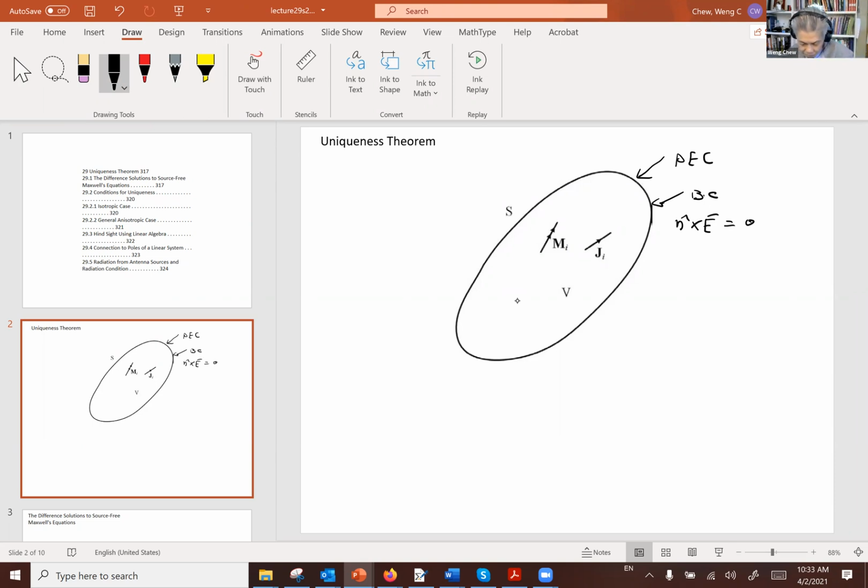And then usually you have n cross H equals J, but J is usually not known because you haven't solved the problem yet, but these are usually the inputs. So these are inputs to the linear system, and you would expect the output to be unique with the prescribed boundary condition. But let's see how this could be guaranteed.